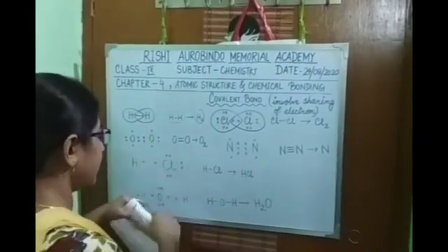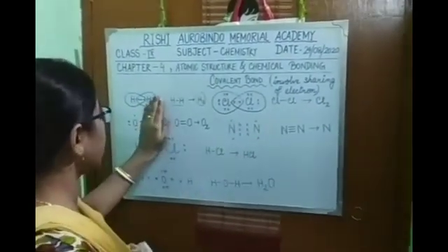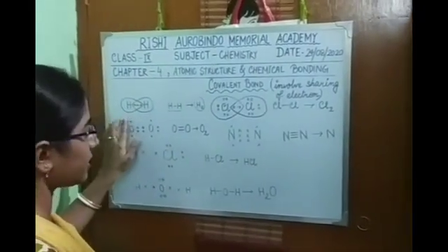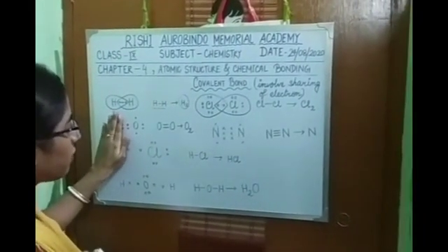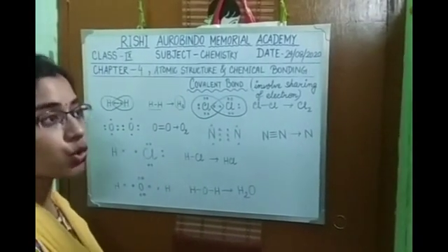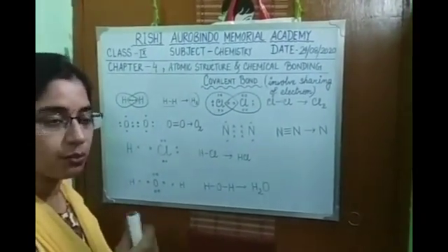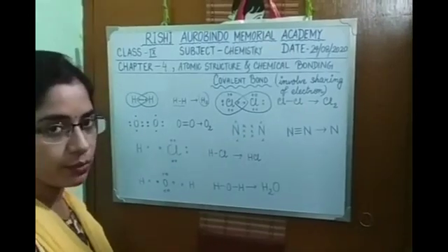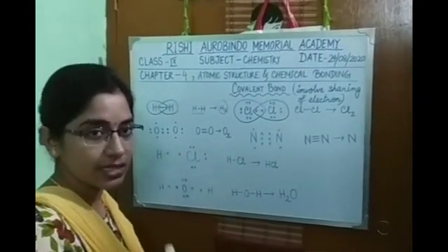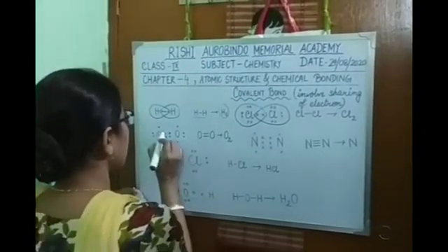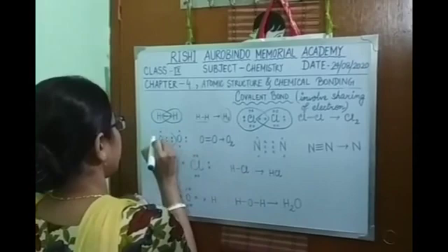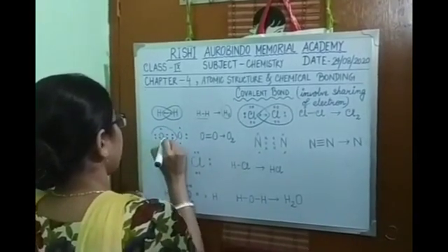One atom of oxygen has 6 electrons and another atom of oxygen has 6 electrons. If they share 2 electrons with each other, then they both will become 8. They both will have 8 electrons each and they will acquire the stable electronic configuration.